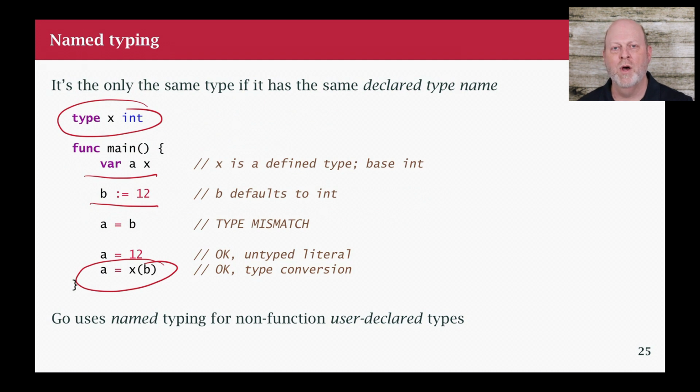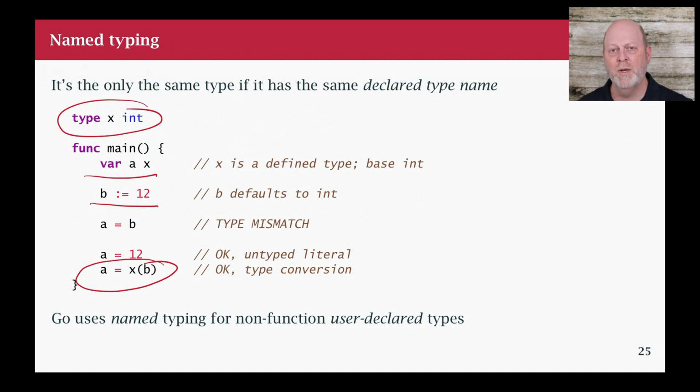What's good about Go is that we make that explicit. If you want to convert an X to an int, or a 32-bit int to an 8-bit int, or an unsigned int to a signed int, you're required to put that in the code. Here's a type conversion. It's very explicit. I know what it's going to do, the compiler knows what it's going to do, and somebody else reading it a year from now will know what it's going to do.